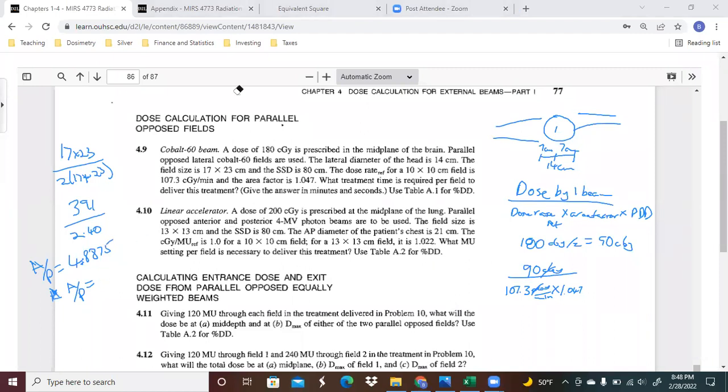So I know that 4.8875 is equal to a divided by 4. That means the side of the square field is 4 times 4.8875. That means a is going to be equal to 19.55.